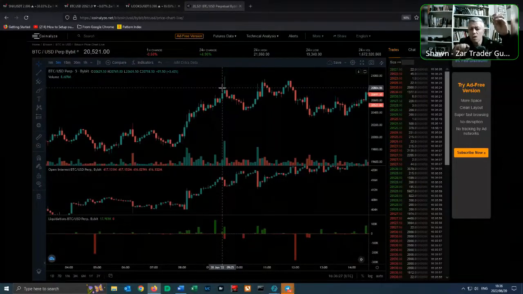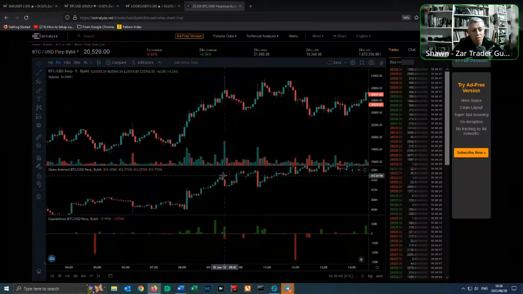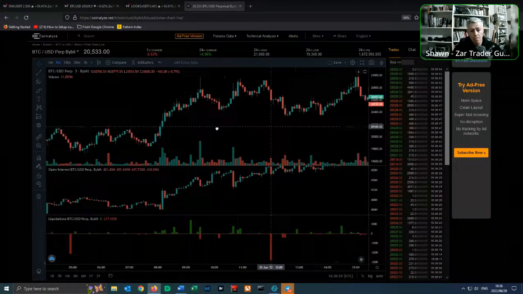Because remember, when a short closes it turns into a buy, but there's no sells because nobody's interested, there's no buys, and there's no opposite market participants. But as you can see here, again, we had a very quick drop in open interest. We had a drop off in volume, and we had a price decline there.